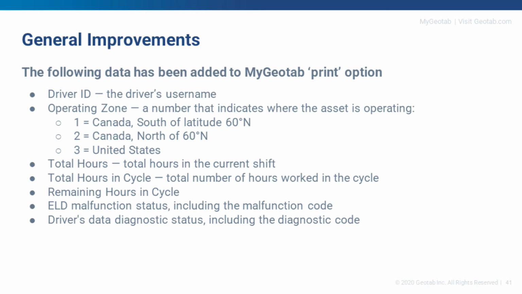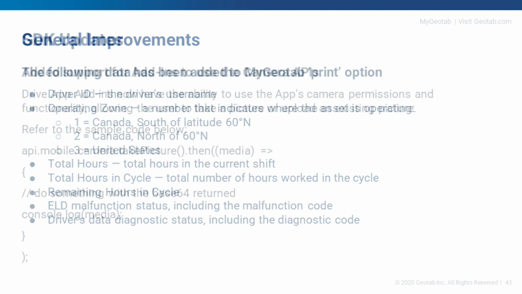It's not designed to actually be compliant with exactly what an officer would want to see at roadside, but it has been increased in terms of the material that's there, because if you are using this print option for your record keeping, it'd be a really good idea to have all of the same information here coming off of the Canadian rule set. So a few of these are additions as well.